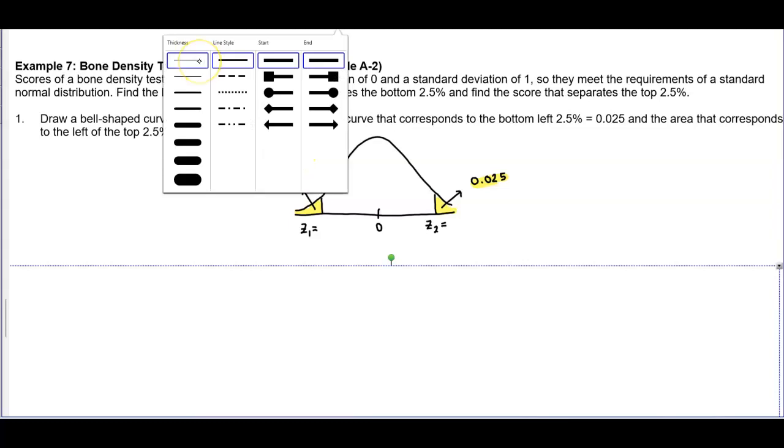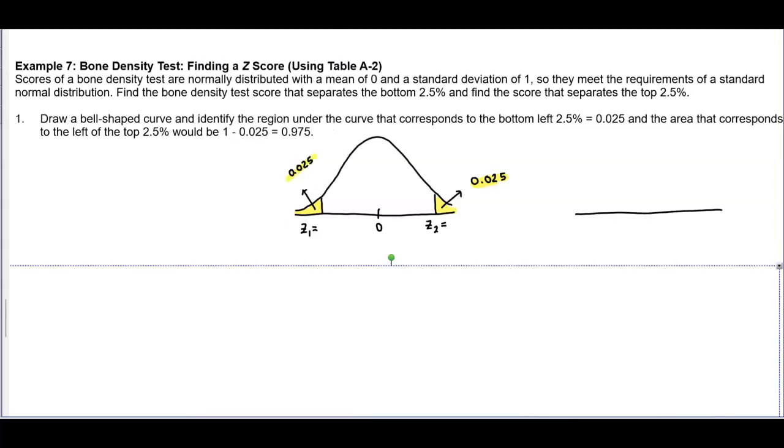Okay, so if I draw this graph, technically what I want to find is, over here, if this represents 0.025 and I want to find this z-score here, then I'm looking for the area to the left of that. I'm looking for everything to the left over here. Now how do I find that?